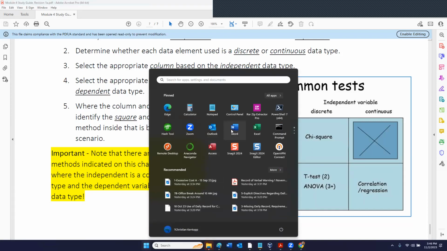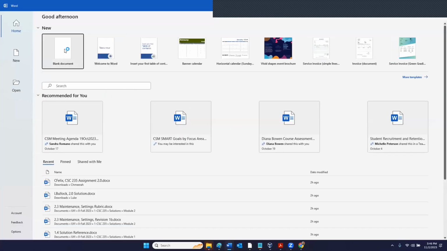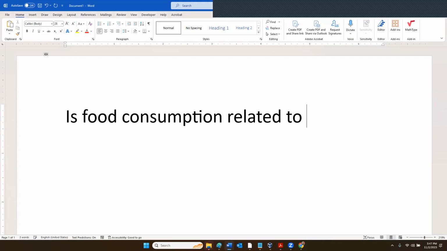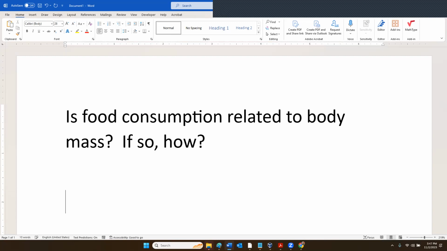Can anyone think of a simple scientific study that involves food and people? Well, now this seems pretty obvious, but we're just going to use an obvious example, right? So how do we measure body mass? What's the best way to measure body mass?